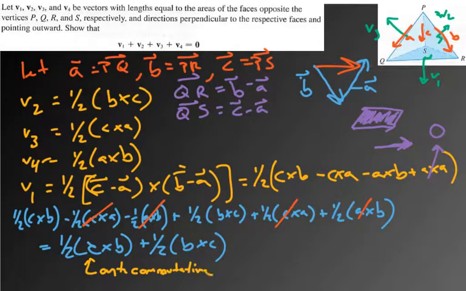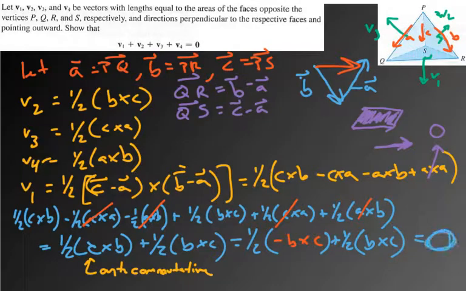And what that means is this actually equals 1/2 negative B cross C if you flip it around. And so then if you add it to 1/2 B cross C, you're going to get 0. Which is kind of a cool problem. It uses a lot of tricks that we've used in this unit, so it's a good one to know.